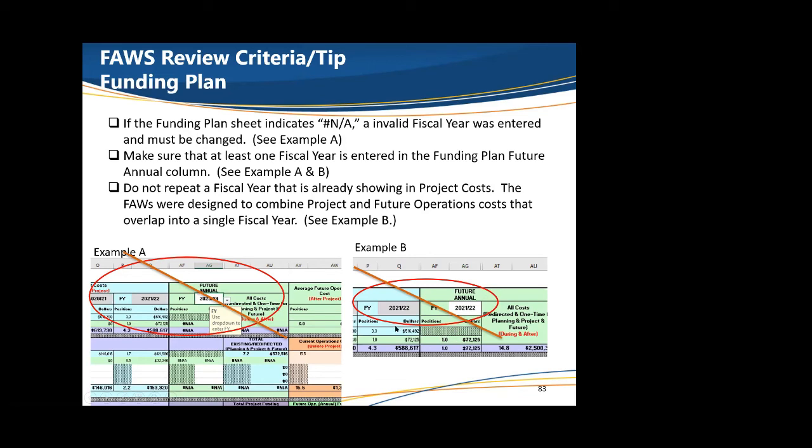And also, if you already have, excuse me, 21, 22, the funding is already showing there, you would not re-enter it there. That means that it's a partial year and it would align with that same fiscal year that's already been entered.